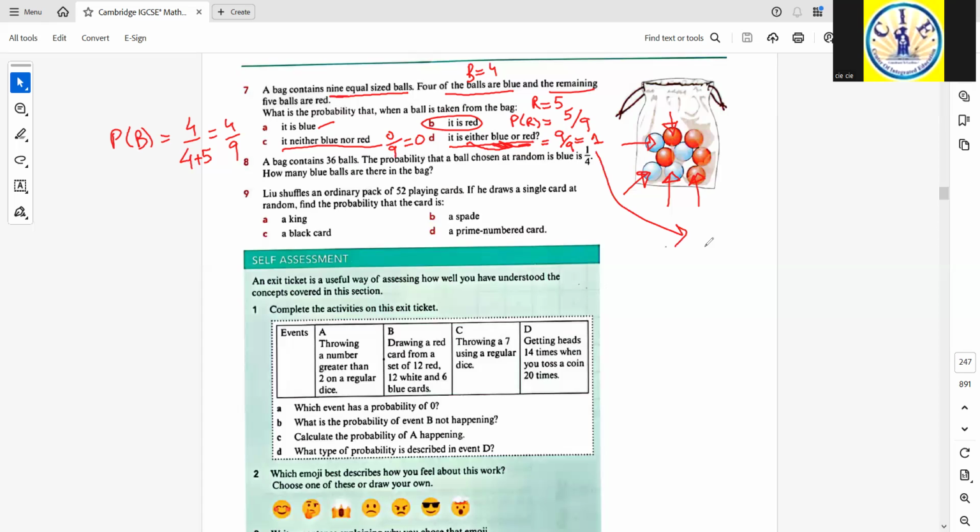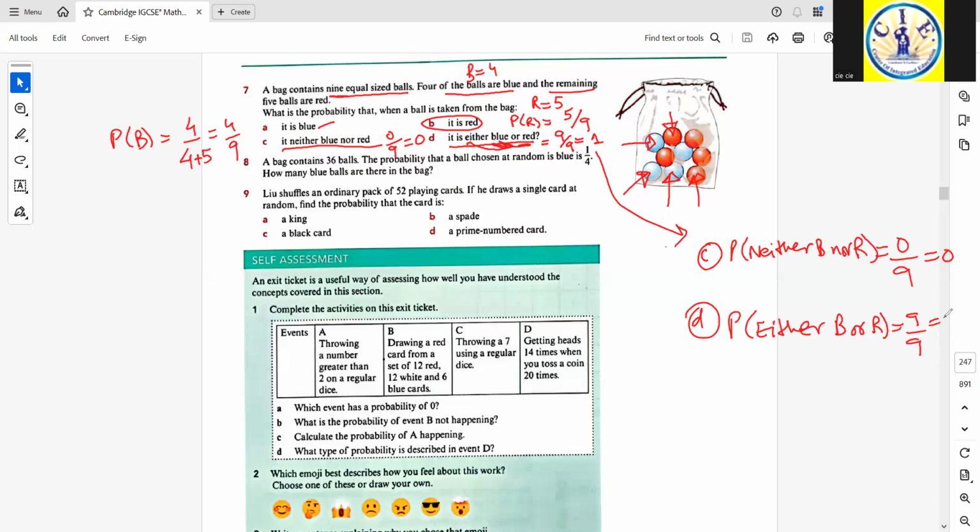So you can say for part C, probability of neither blue nor red, that is 0 by 9, which is 0. And for part D, probability of either blue or red, that is 9 by 9, which is 1.